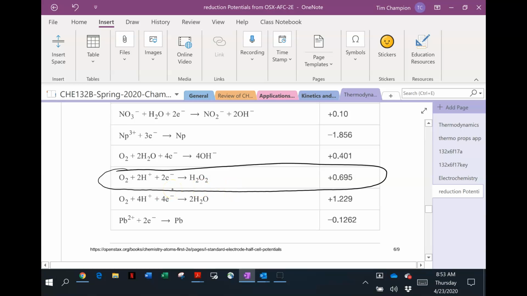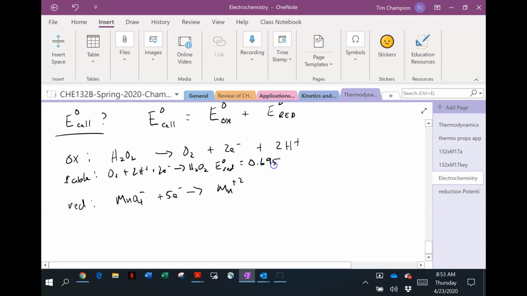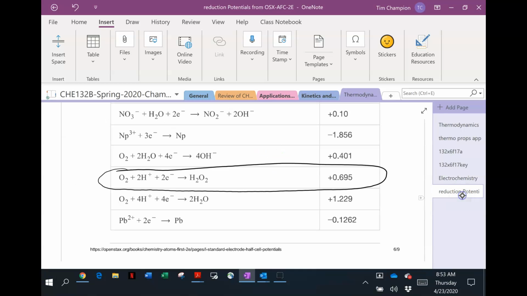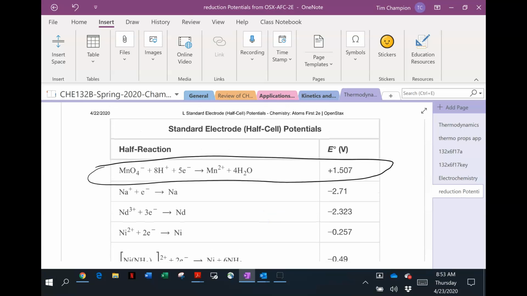So what we're going to do is take that reaction, O2 plus 2H+ plus 2e minus goes to H2O2, and that E naught, which is a reduction potential because it's written as a reduction, was I think 0.695. Let's check that. Yeah, right. And then for manganese, that's 1.507.